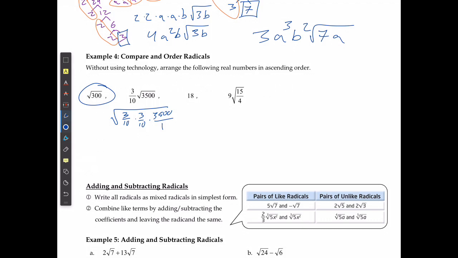And then I'm going to divide that 31,500 by, on the bottom, 10 times 10, which is going to be 100, which is easy enough. That's just the square root of 315.